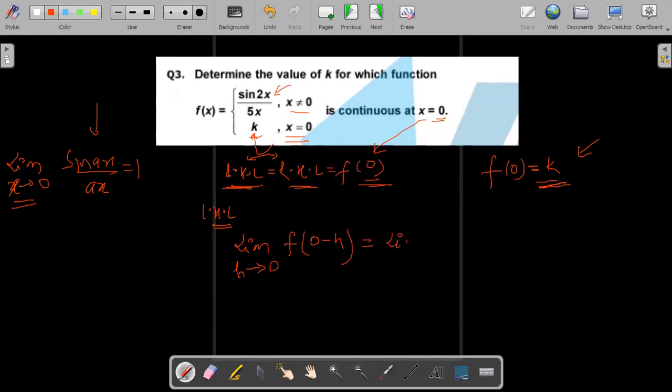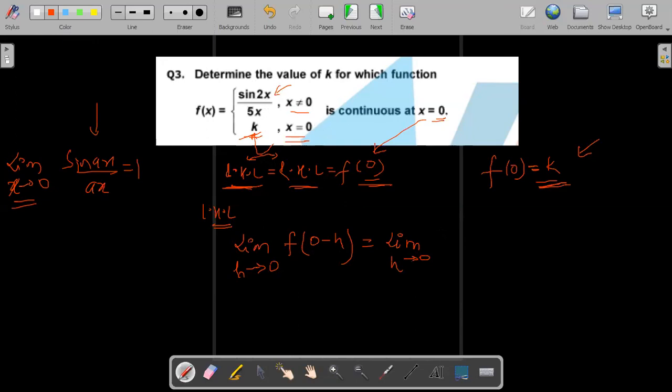Yes, now I'm substituting for LHL part. Which expression will you take? Sir, take this k? No, I think sir, we should take the sine function, right? Yes, sine function and the denominator part. So at the place of x, I'm substituting 0 minus h.